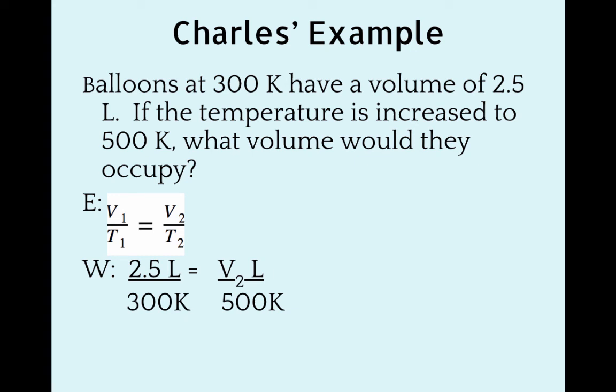You're given two things that go together, but be very careful of where you put them. 300 Kelvin has a volume of 2.5, so those go together on your before side. 500 Kelvin has to go on the bottom because temperature goes on the bottom. Then we multiply diagonal, 2.5 times 500 divided by 300, and get a volume of 4.17 liters.